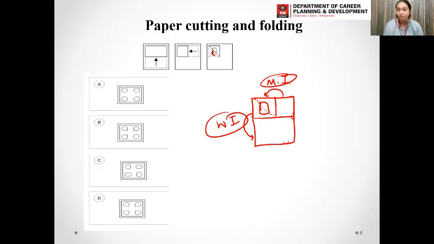My paper will look something of this sort, where this is a curve, this is also a curve, but this is a sharp end. If I unfold it at this point, my paper will look something of this sort, where this is a sharp end, whereas these are curves.